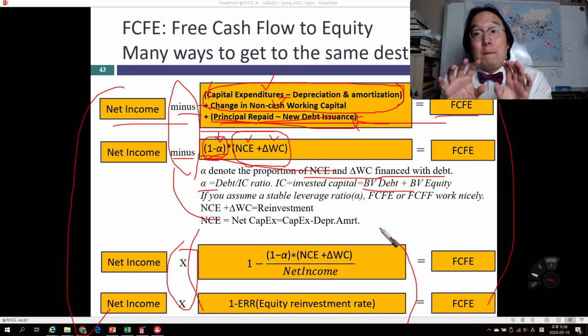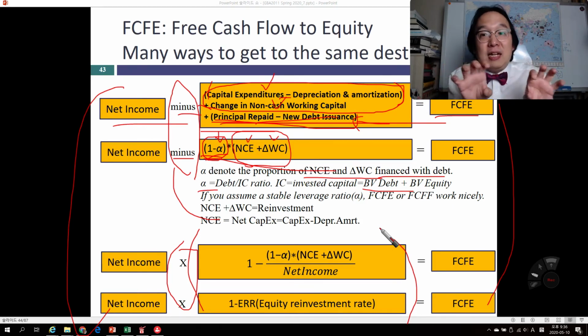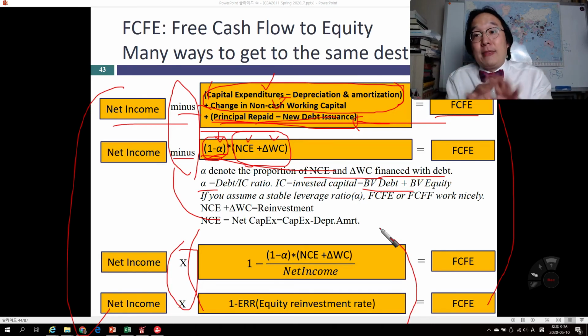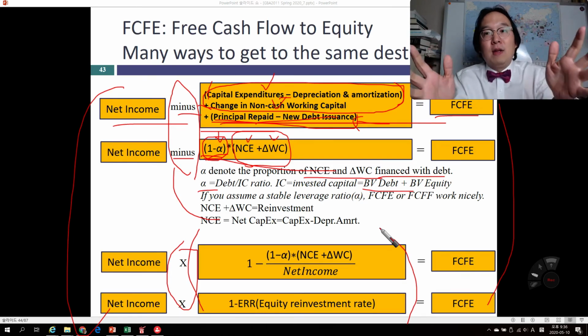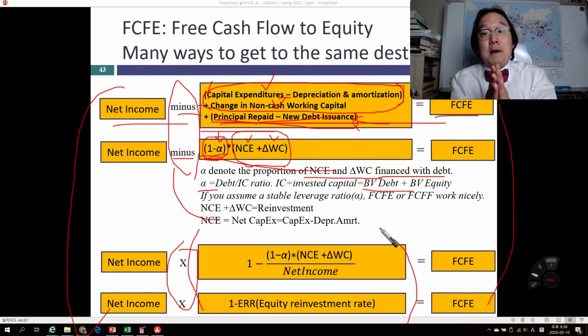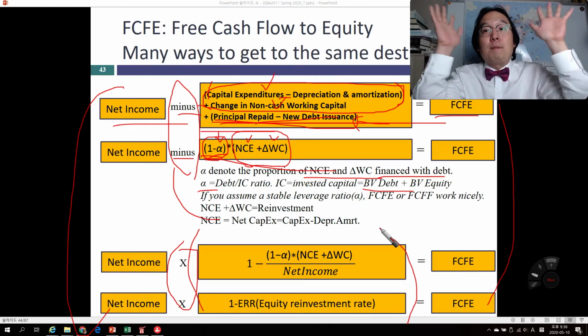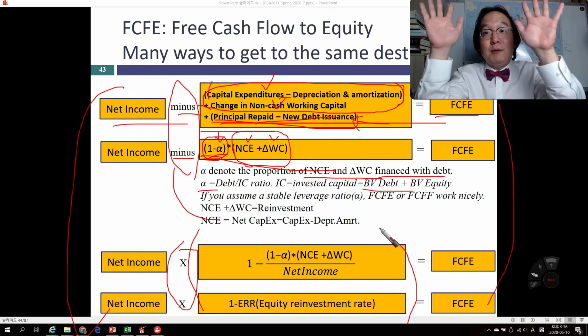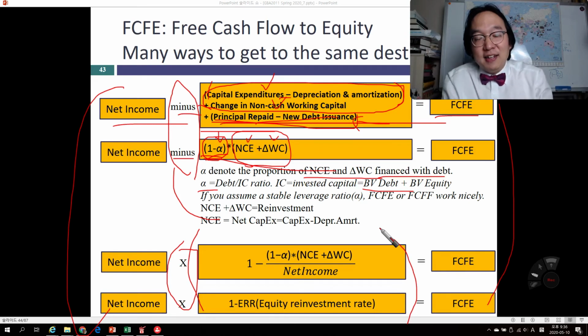Forget about miscellaneous nitty-gritty detail amount of liabilities. That's for the accountant's job. This is not accounting. I'm liberating you from the terrible accounting. So this is about the financing part.